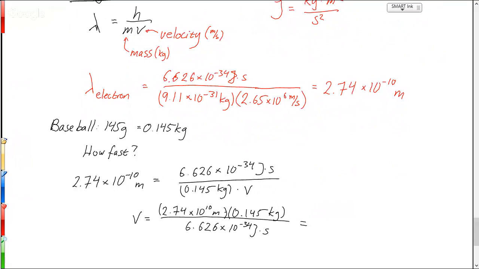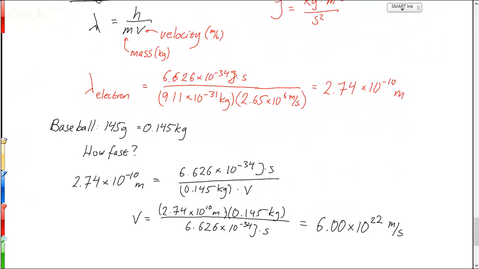So can somebody type that out for me? What'd you get? It's pretty much exactly 6 times 10 to the 22. Like 5.996. Okay, so we'll say 6.0 times 10 to the 22 meters per second.